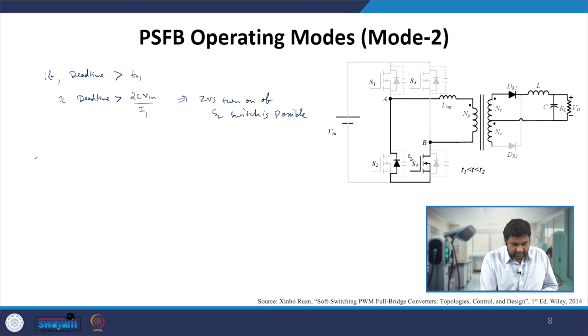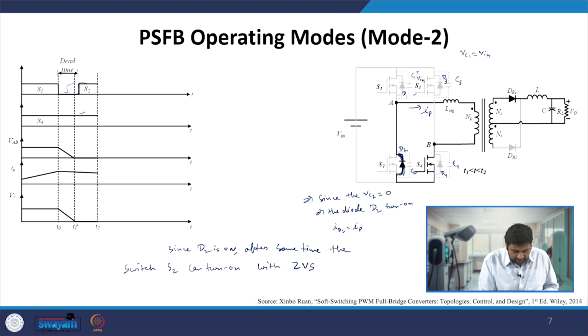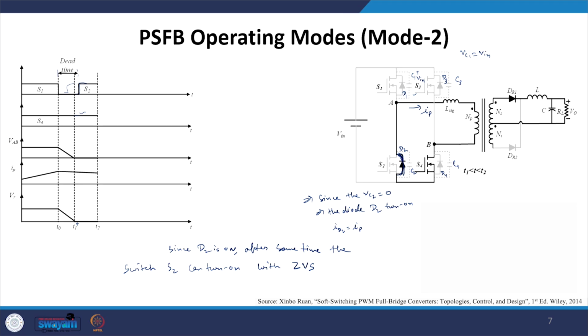So we can say that right after the T1 duration, or at T equal to T1, which is the boundary condition of that time, at that point also one can give the pulse, where you will receive nearly 0 voltage switching.